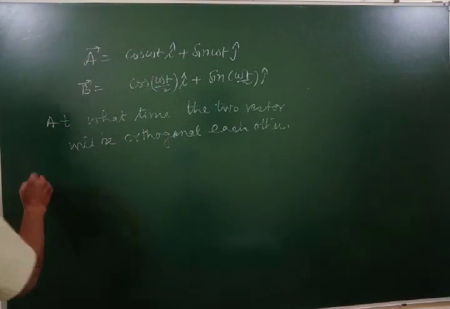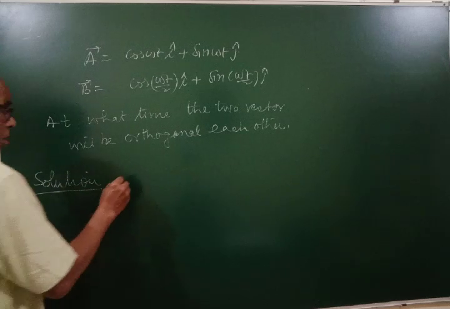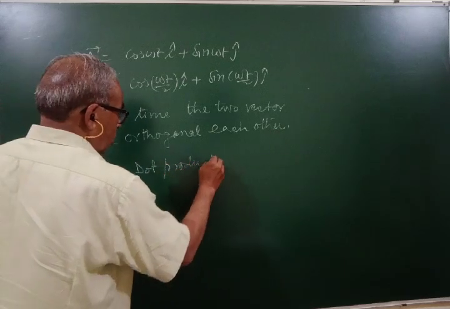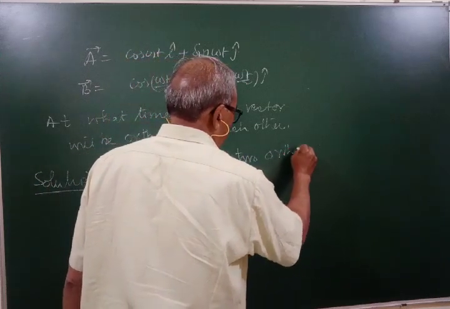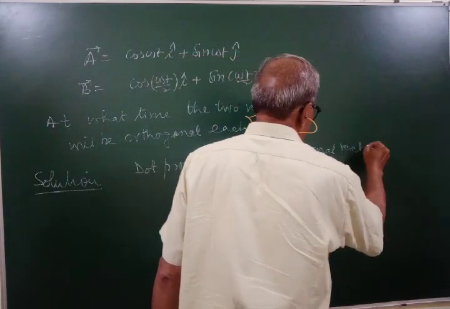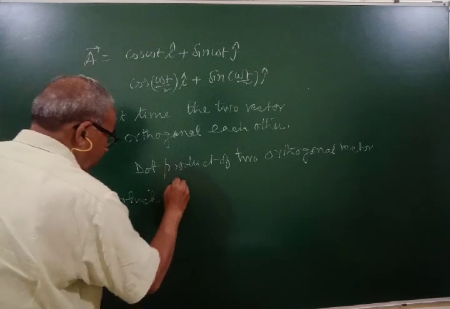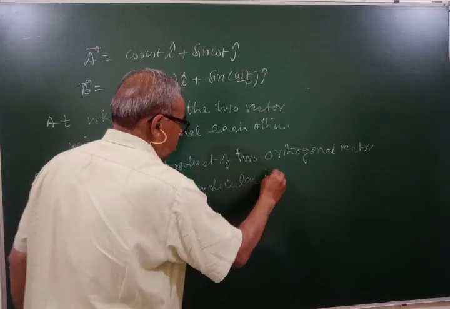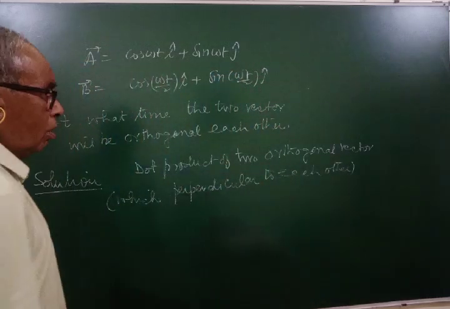We will use this fact in the solution. The dot product of two orthogonal vectors, that is, which are perpendicular to each other, is 0.